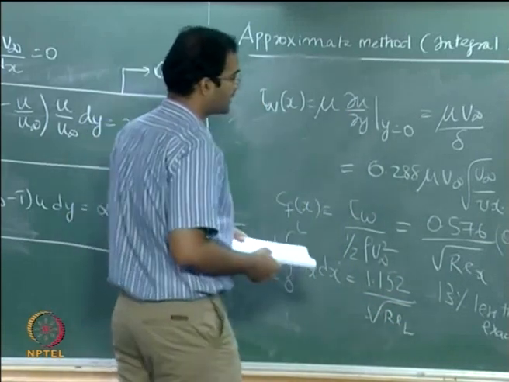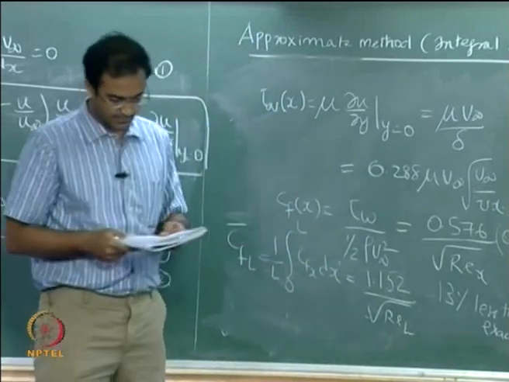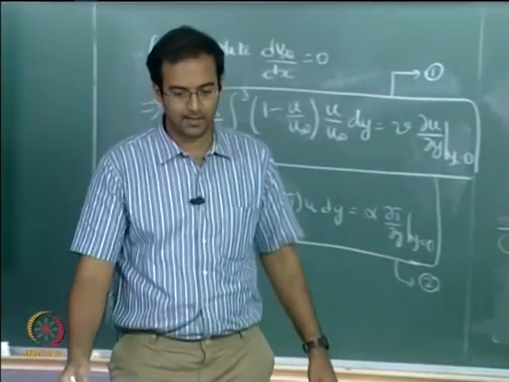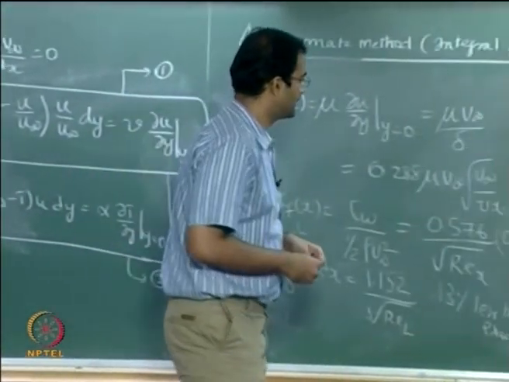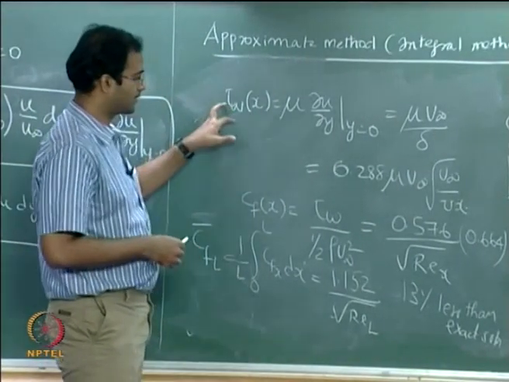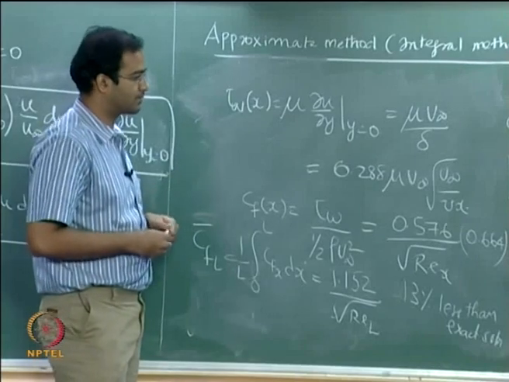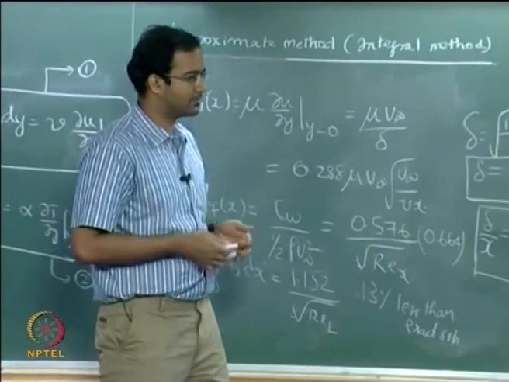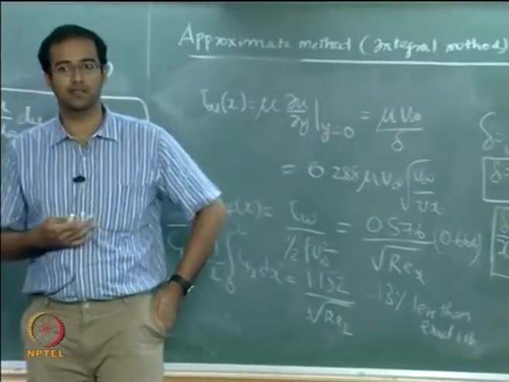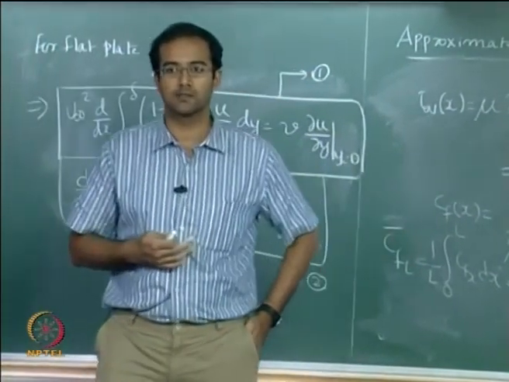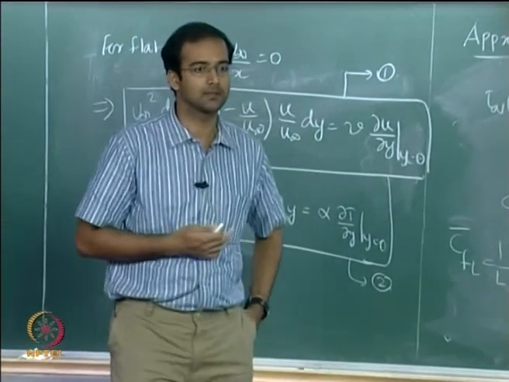So finally the bottom line is this: you can get an approximate estimate of all these quantities like boundary layer thickness, local shear stress, skin friction coefficient, everything using some approximate profiles, and this is much easier, as you can see, than doing a rigorous solution to the similarity equations.